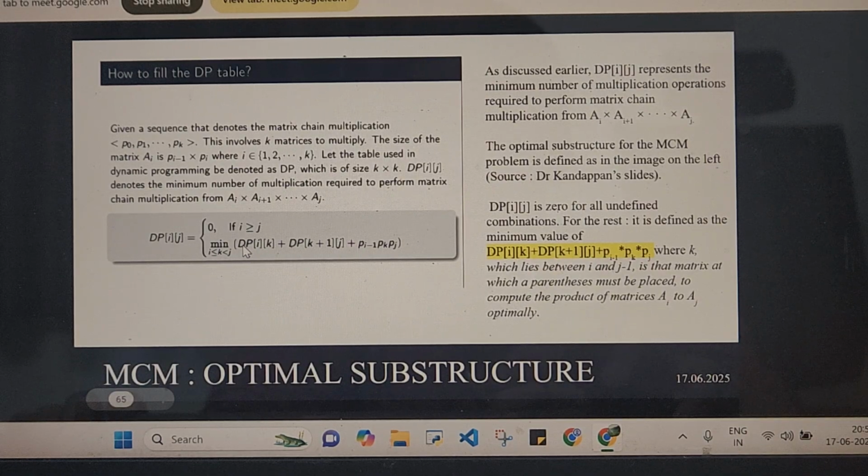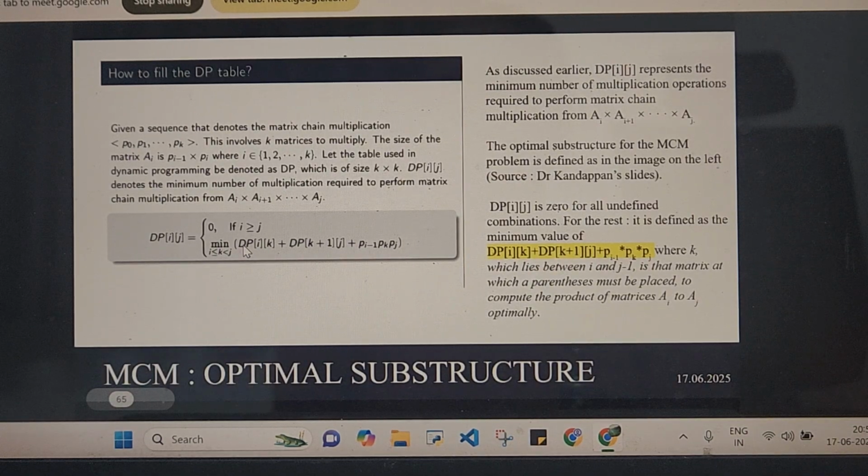So dP[i][k] will be the minimum multiplications required for the subproduct AI into AI plus 1 up to AK. dP[k+1][j] is the minimum multiplications required for the smaller product AK plus 1 into AK plus 2 up to AJ. And then this term P[i-1] P[k] P[j] is the cost of the product of these two matrices.